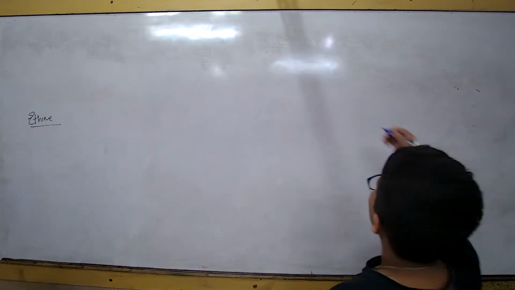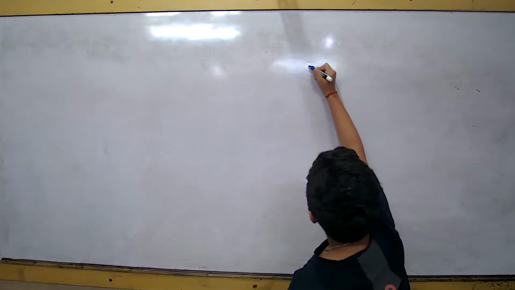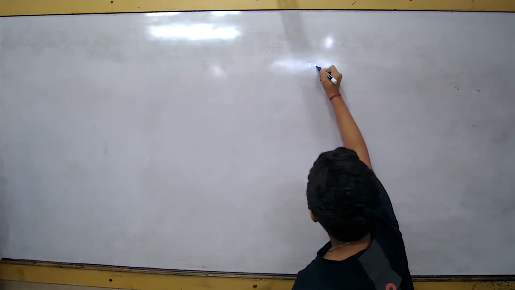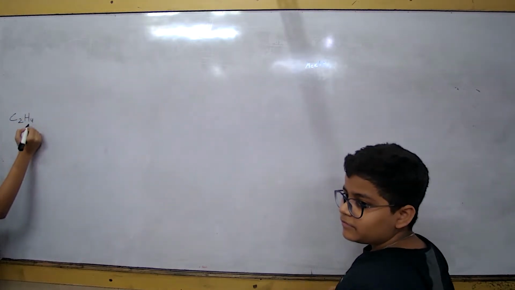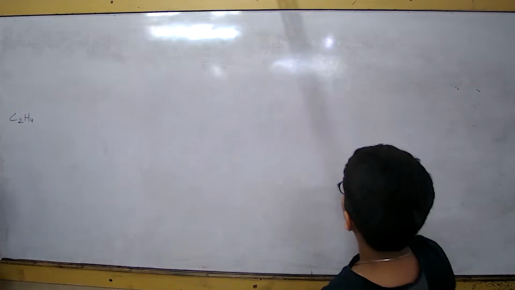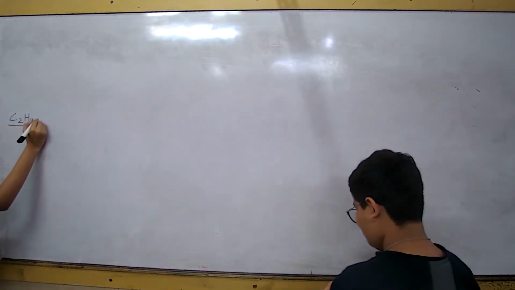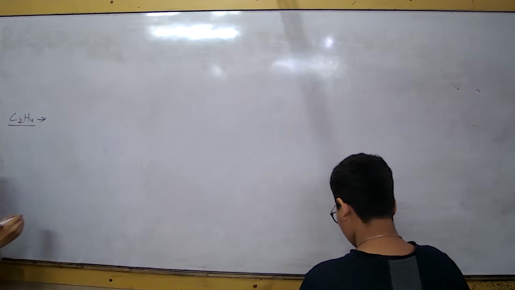Ethene is what? C2H4. And acetylene, C2H2. Come on, hurry up. Stop writing the name, just write the formula. C2H2 and C2H4. Come on, write the structural formula, quick.